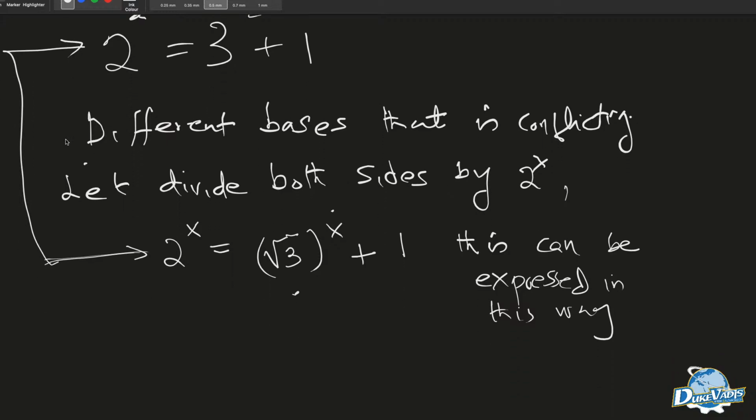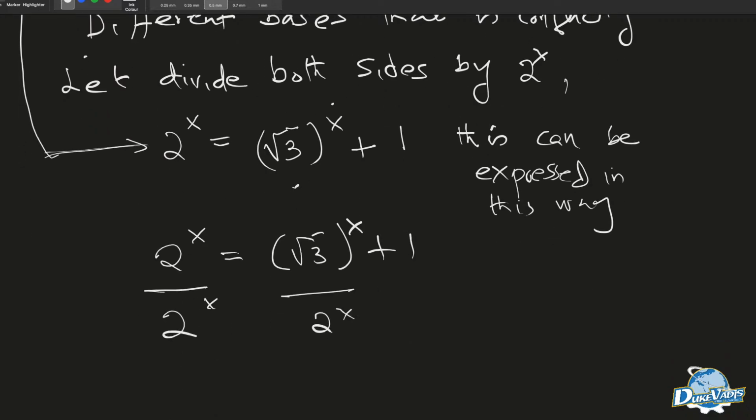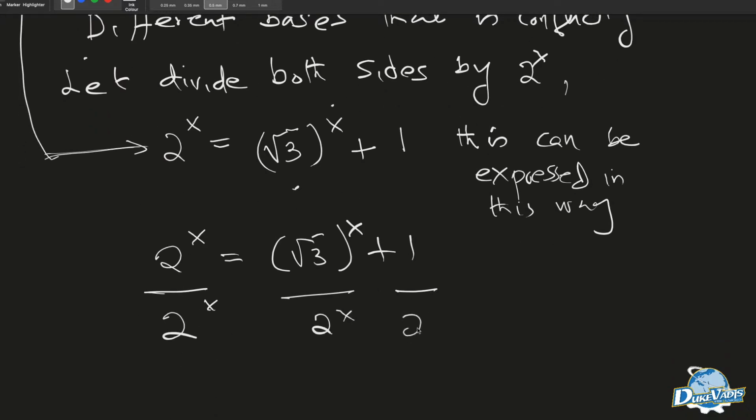So now we are going to divide both sides by 2 raised to the power x. So 2 raised to the power x is equal to square root of 3 raised to the power x plus 1. We divide here by 2^x, here by 2^x, and here by 2^x.